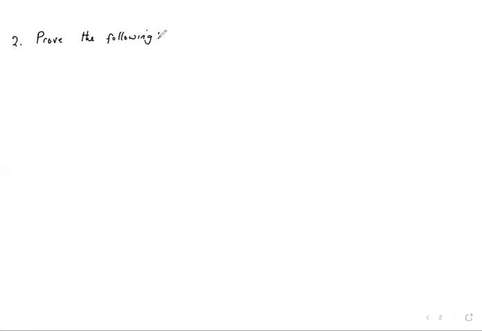Okay, so part 2, prove sine x over 2 is equal to plus or minus the root of 1 minus cos x over 2.